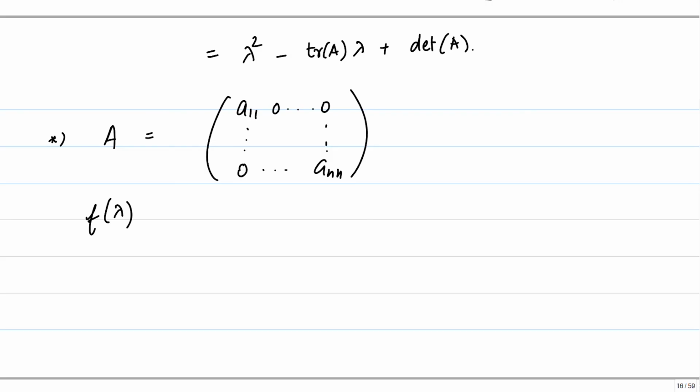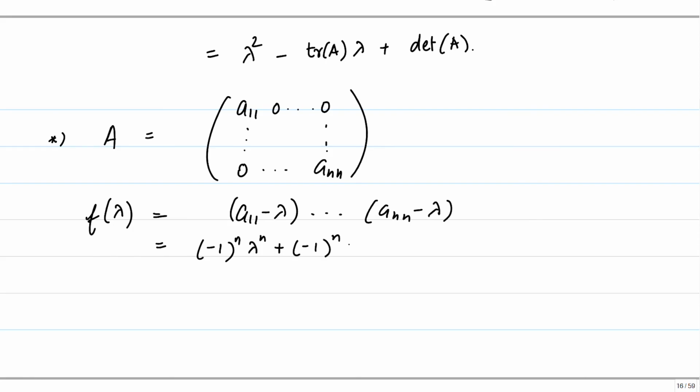Then f of lambda is just (a11 minus lambda) up to (ann minus lambda), which we have already noticed is minus 1 to the power n times lambda to the power n plus minus 1 to the power n minus 1 times (a11 plus up to ann) times lambda to the power n minus 1, plus the constant term, which is very clear. It will be a11 a22 up to ann, which is exactly the determinant of the matrix A.